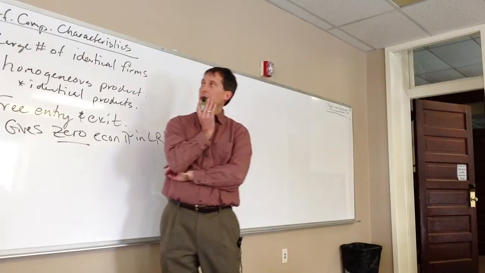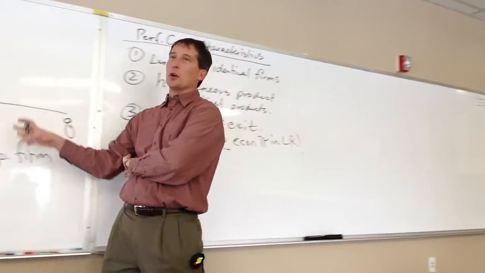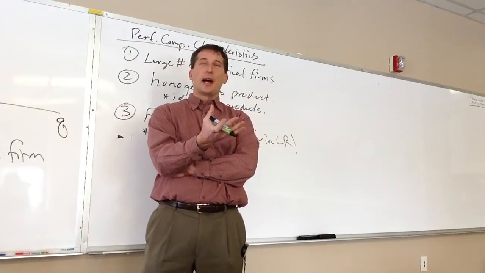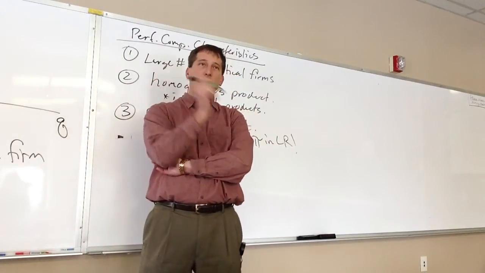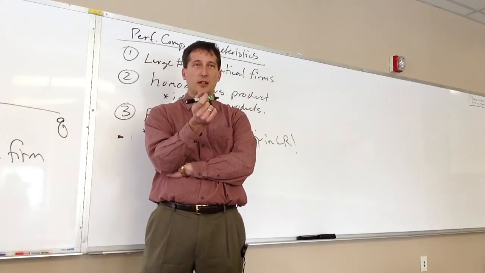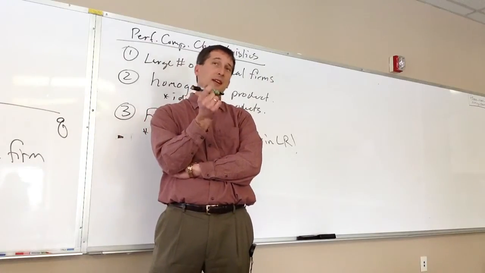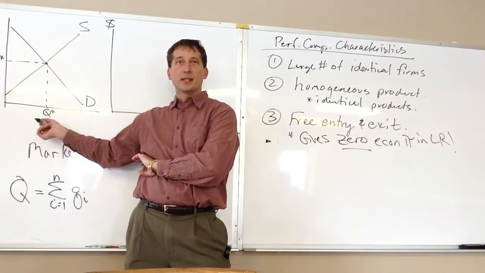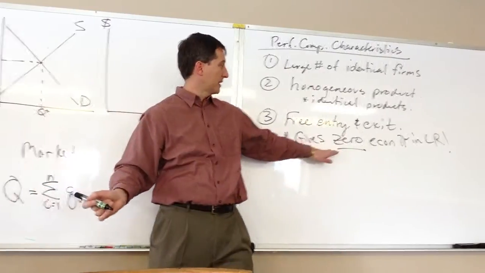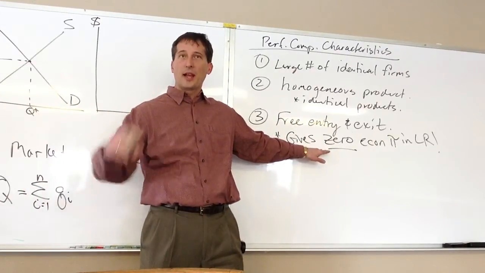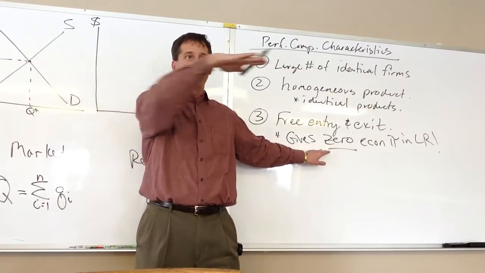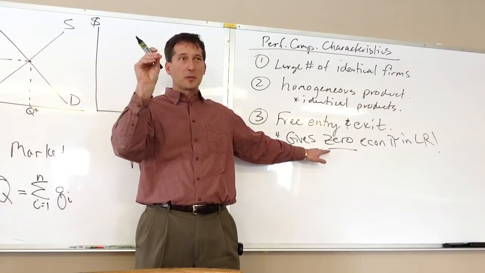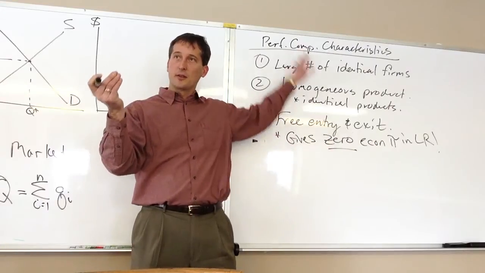So if we were given 20 firms that all had the long run average cost function that looked like that, we could make a long run prediction of what big Q would be, because of this condition, we know that's where price is going to get to in the long run eventually. So there'd be 20 firms producing 150 units each under these conditions.